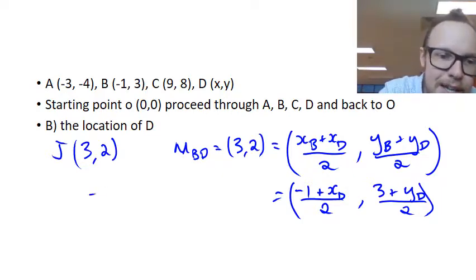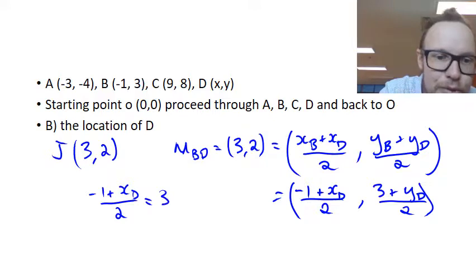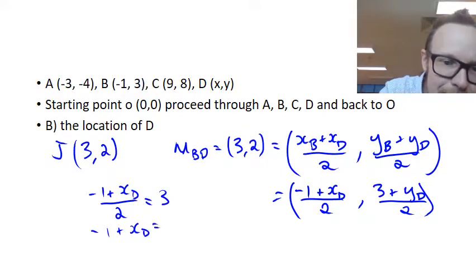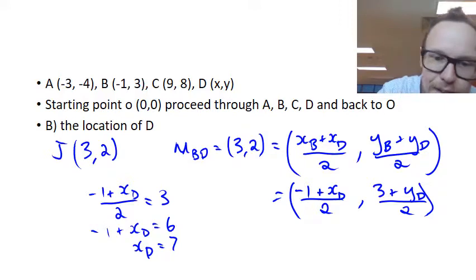So I can see negative 1 plus xD over 2 is going to equal 3. That means negative 1 plus xD is going to equal 6. That means xD, if I add 1 to both sides, is going to equal 7. So xD is equal to 7.